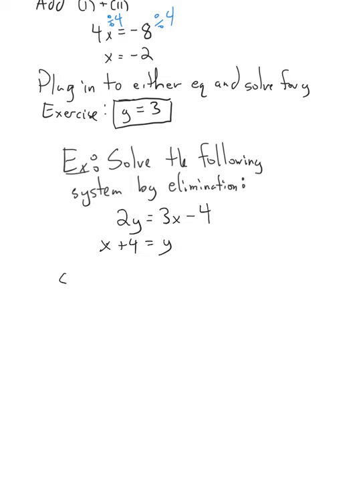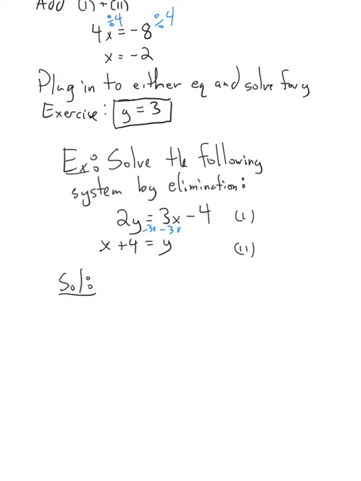Well, the first thing I want to do is get each equation into a similar form. And that form is going to be all the variables on one side and all the constants on the other. So again, I'm going to call this equation 1 and equation 2. So for equation 1, I'm going to subtract 3x from both sides.